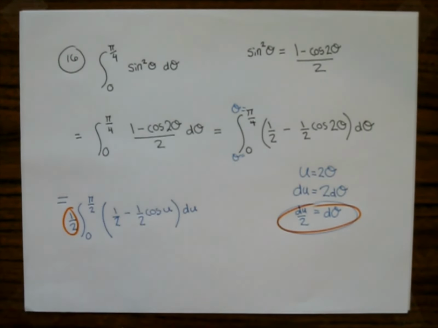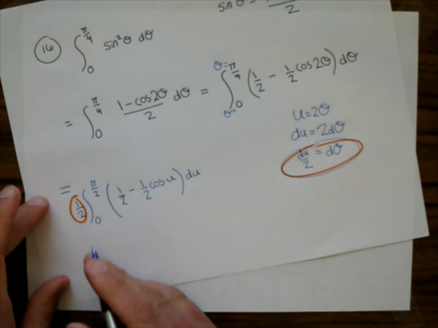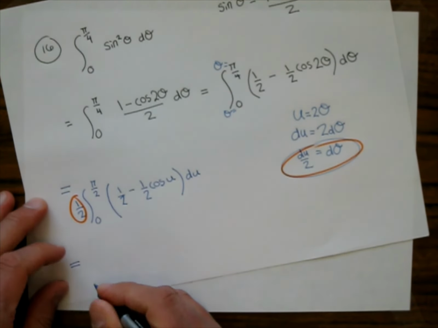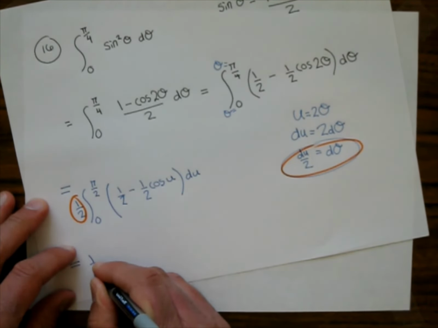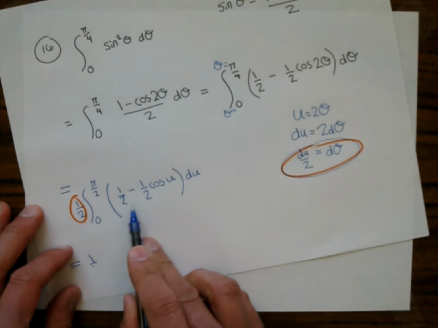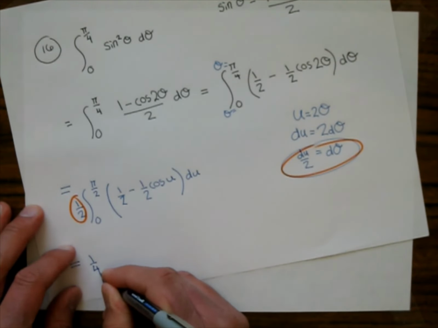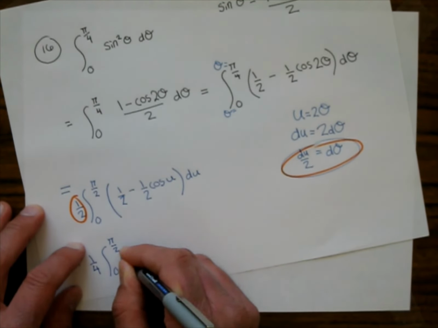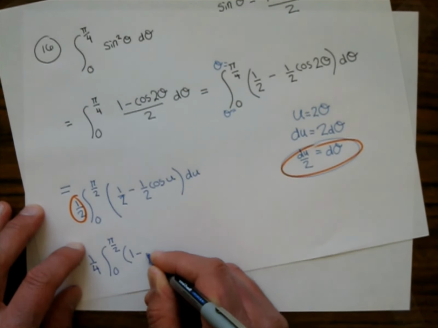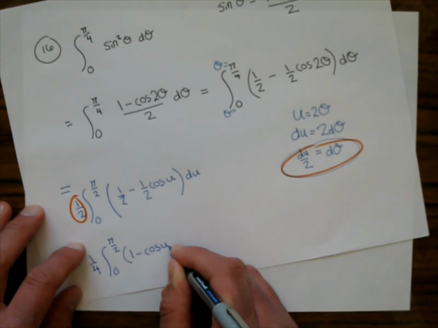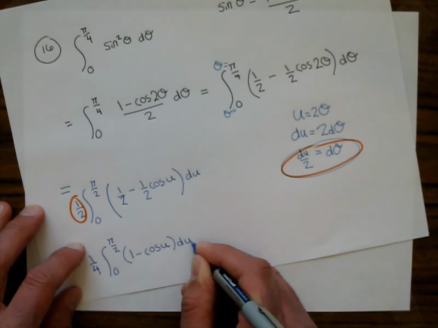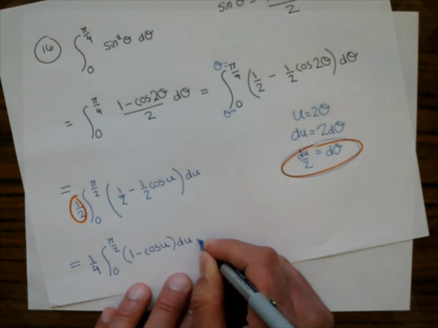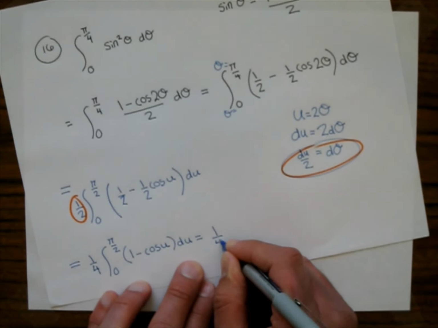My equal sign's a little high on that one. Oh well. Actually, let's factor out a 1/2. So this is going to be 1/4 integral from 0 to pi over 2 of 1 minus cosine u du.